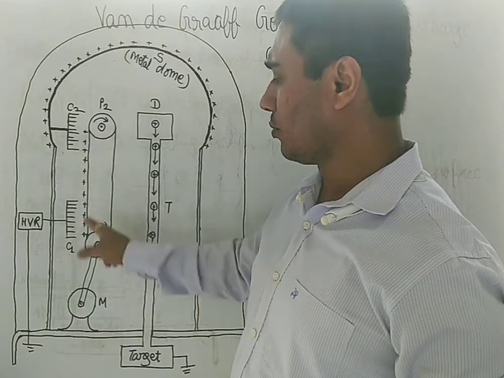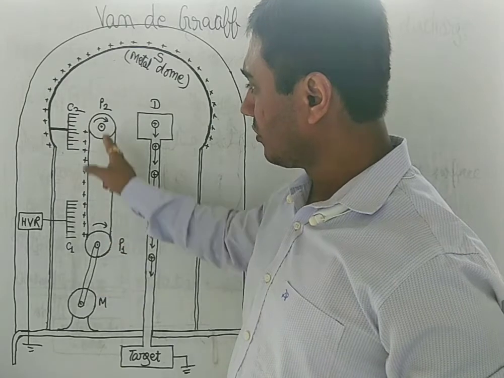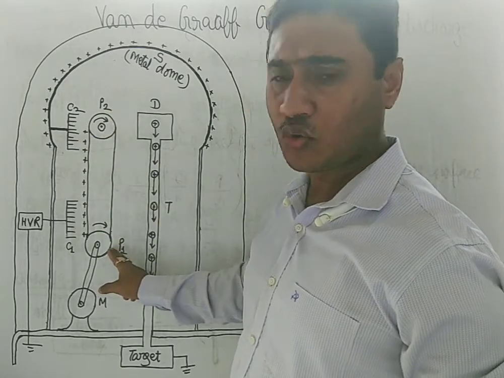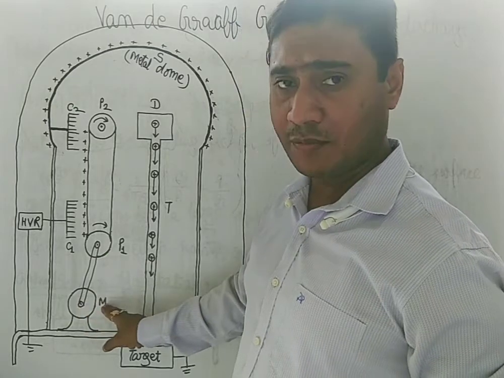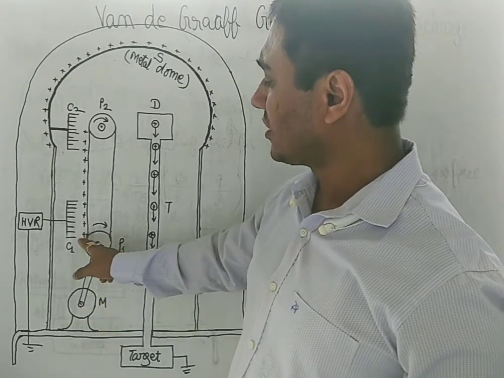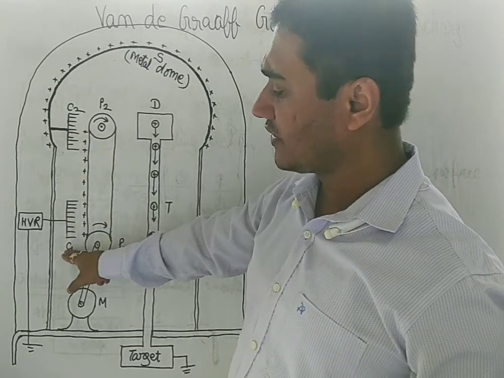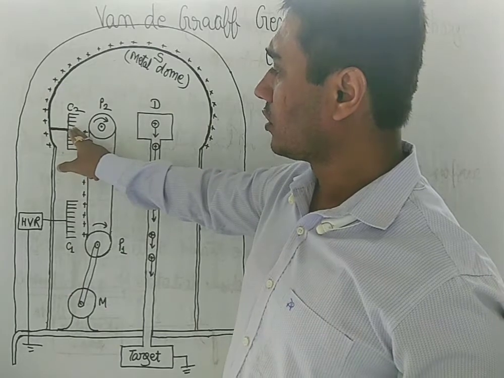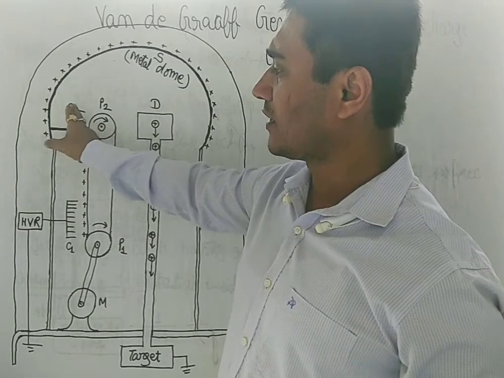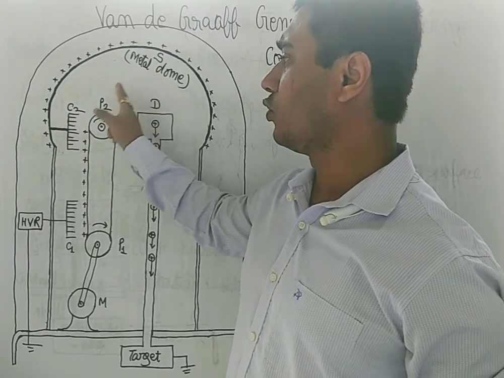The belt runs over pulleys P1 and P2. Now these P1 and P2 are also called rollers. P1 is driven with the help of motor M. Now these charges which are sprayed with the help of the comb C1 metal spike reach close to the metal spike C2, which is connected to the metal sphere S or metal dome.